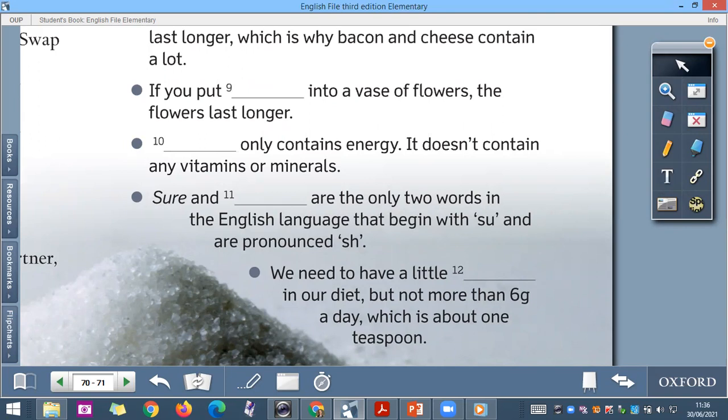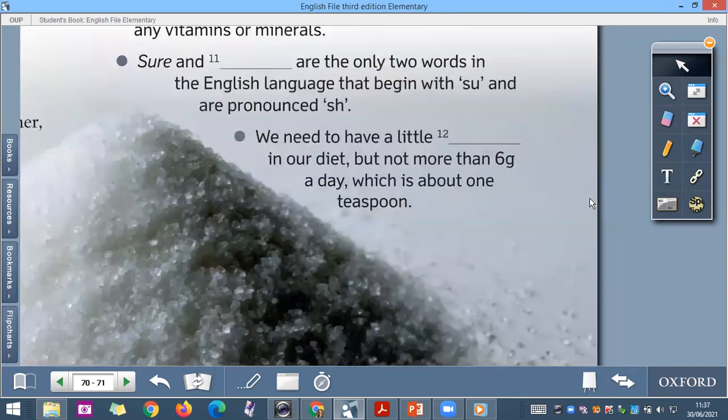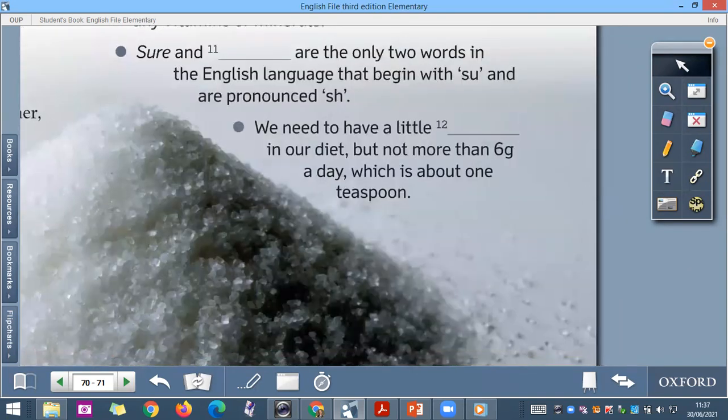It doesn't contain any vitamins or minerals. Sure and are the only two words in the English language that begin with SU and are pronounced sh. We need to have a little in our diet, but not more than 6 grams a day, which is about 1 teaspoon.